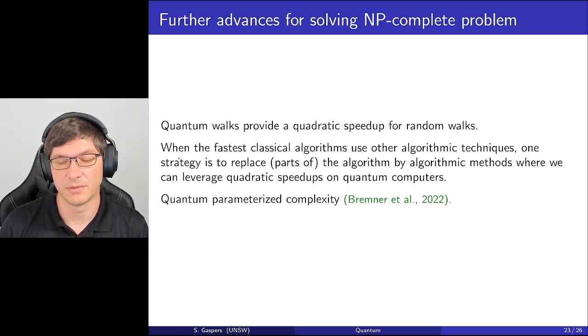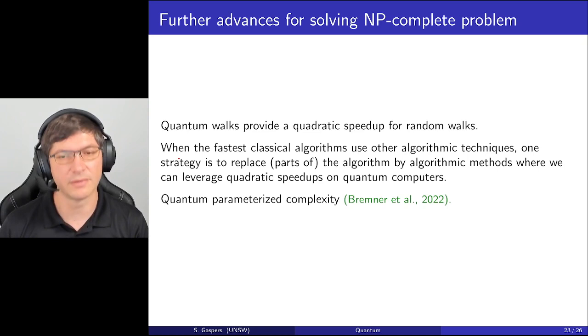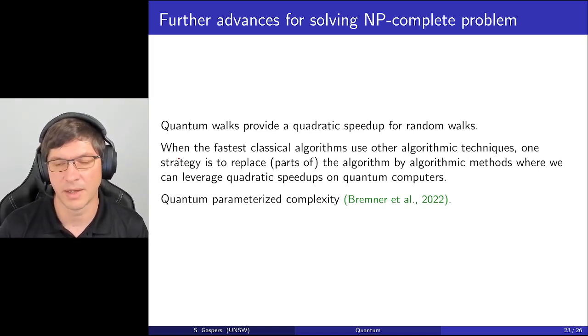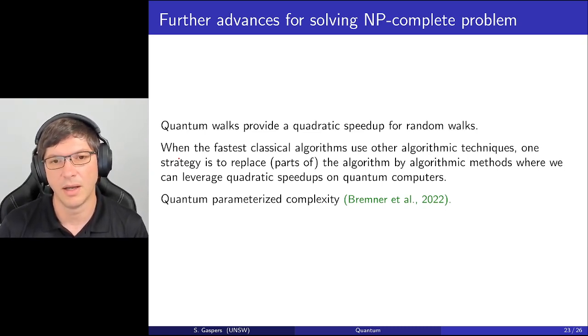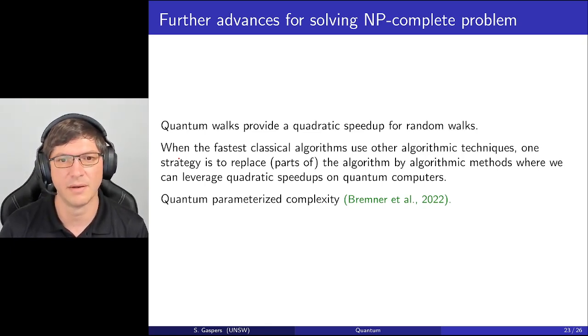So what people sometimes do is, they look at the fastest known algorithm and try to see, is there a branching search algorithm or a randomized algorithm that has the same running time? And if so, we get this quadratic speedup immediately. Sometimes that doesn't seem possible, but maybe we can replace parts of that algorithm by one of these algorithmic methods where we do get a quadratic speedup.